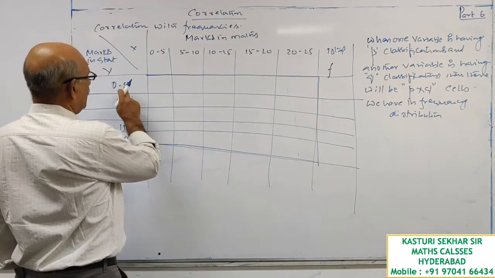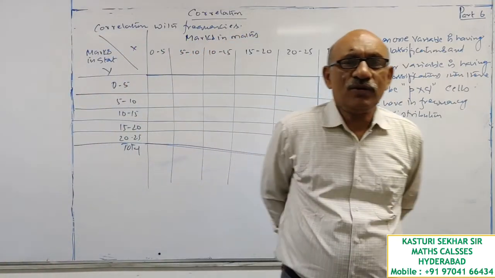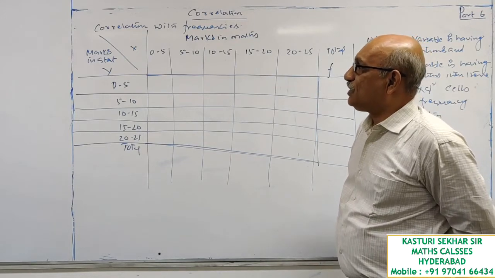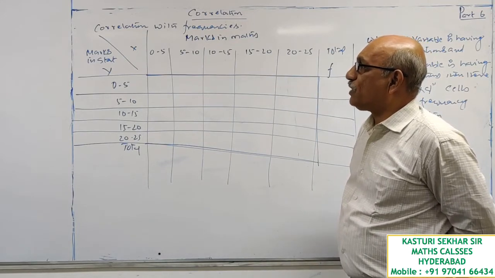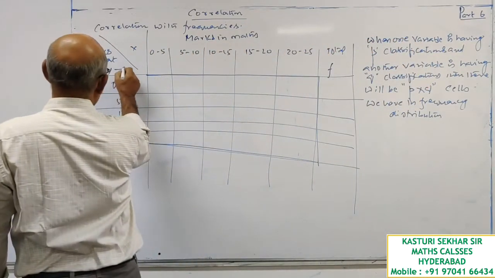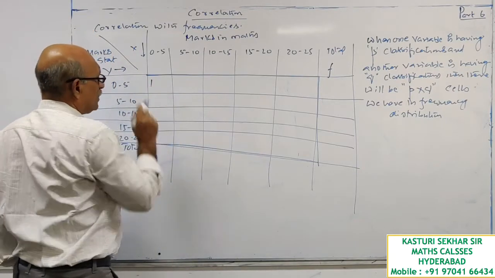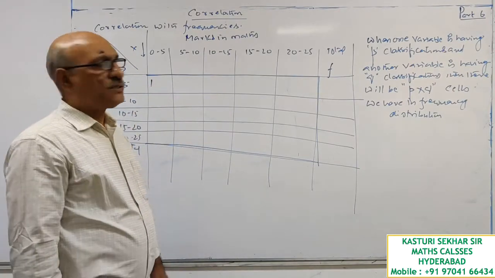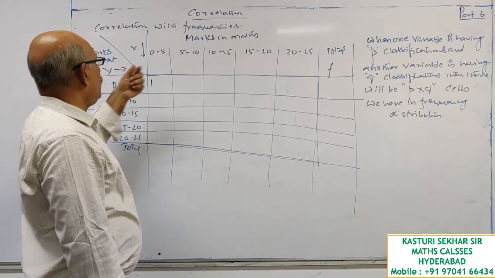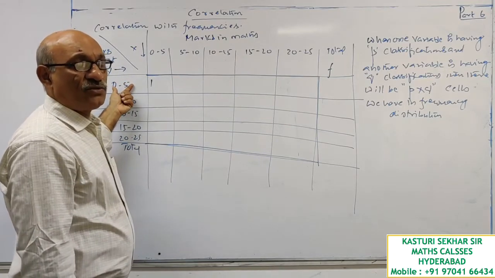Now let us see how many students I have in a class whose score in mathematics is 0 to 5 and whose score in statistics is also 0 to 5. There is only one student in the class whose marks in mathematics is 0 to 5 and whose marks in statistics is also 0 to 5.